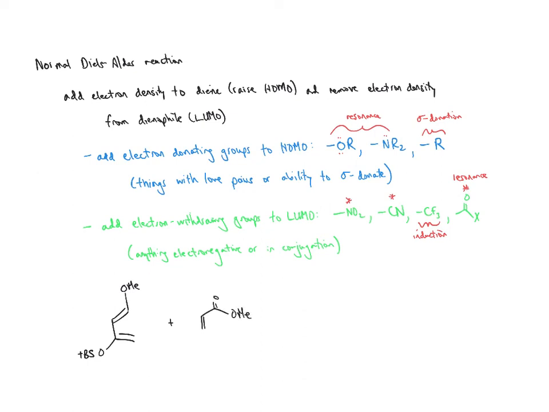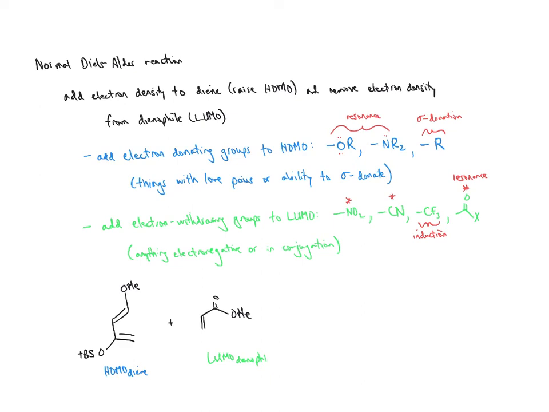So we have the HOMO of the diene reacting with the LUMO of the dienophile. In those cases we've got electron donating groups on the HOMO of the diene, so there are lone pairs on oxygen pushing electron density into the system.